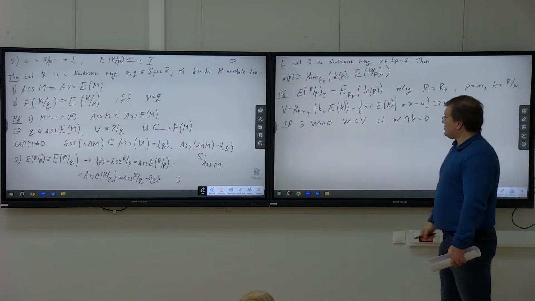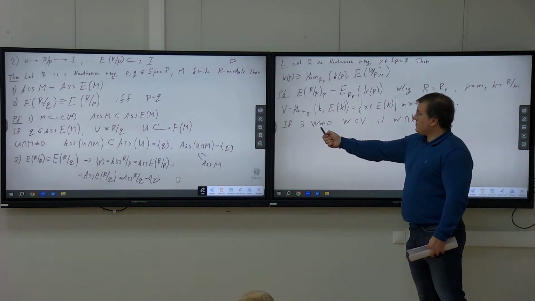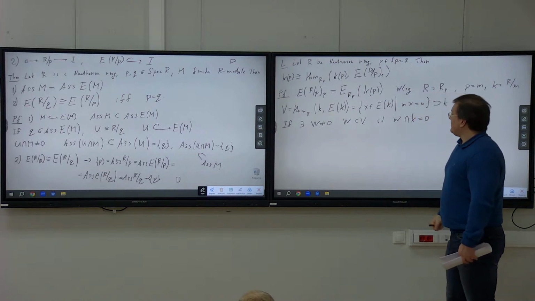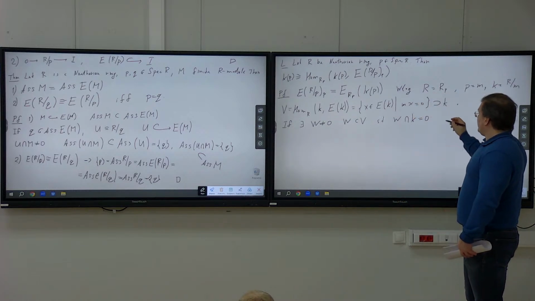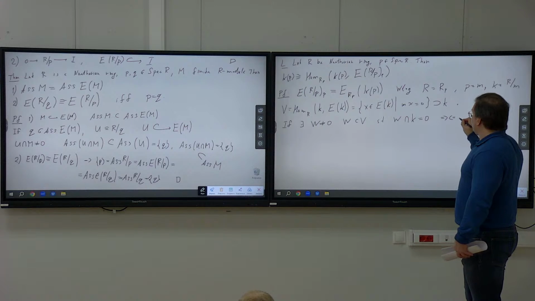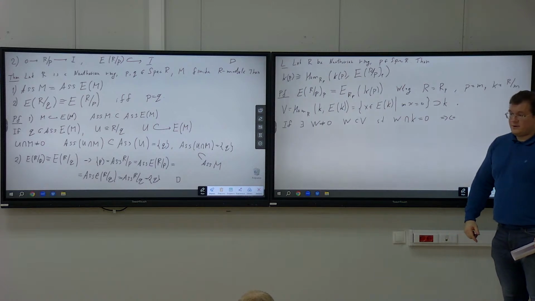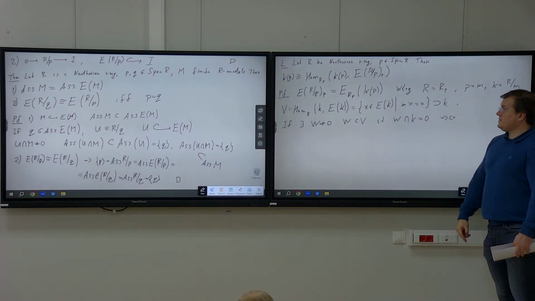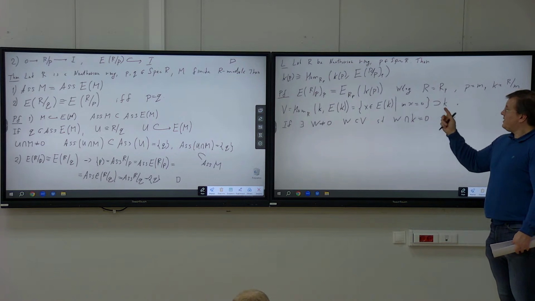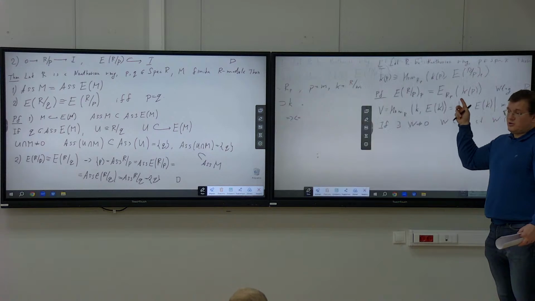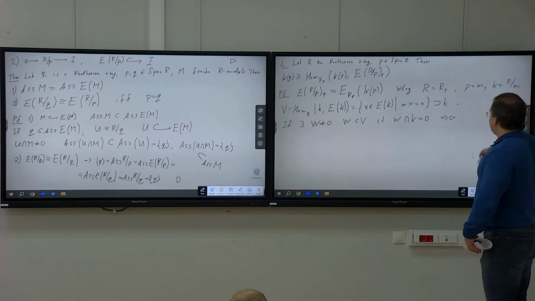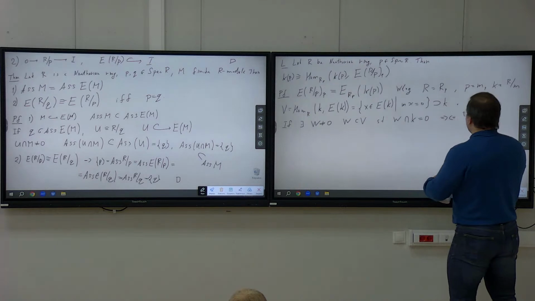So it is not possible to find another W inside V such that the intersection with K is 0. And if there are no such W, it means that if you try to construct the basis, you have a basic element for this K, and you try to find any other basic elements, that's just not possible. Hence, this is just a one-dimensional vector space.